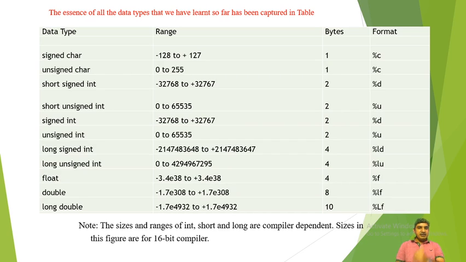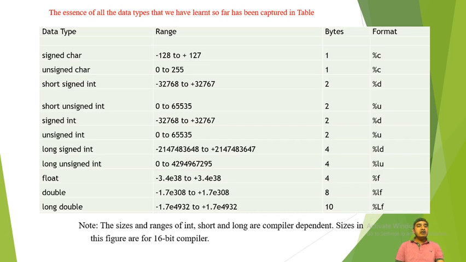Then signed integer, its range is minus 32768 to plus 32767. It is 2 bytes and we use %d. Then unsigned integer, its range is 0 to 65535. It is 2 bytes and we use %u as the format.